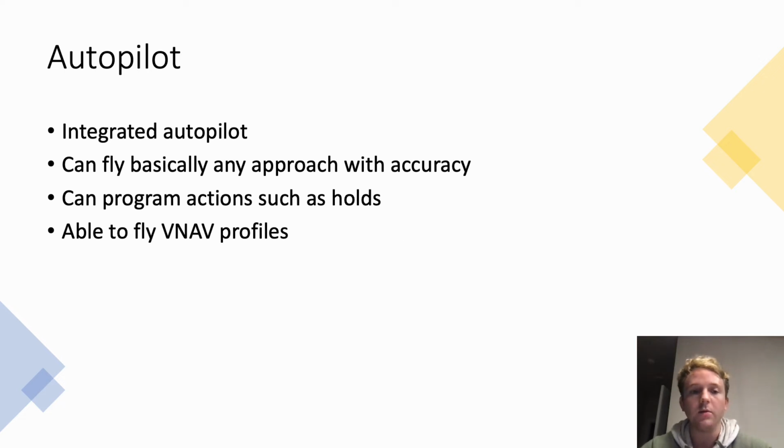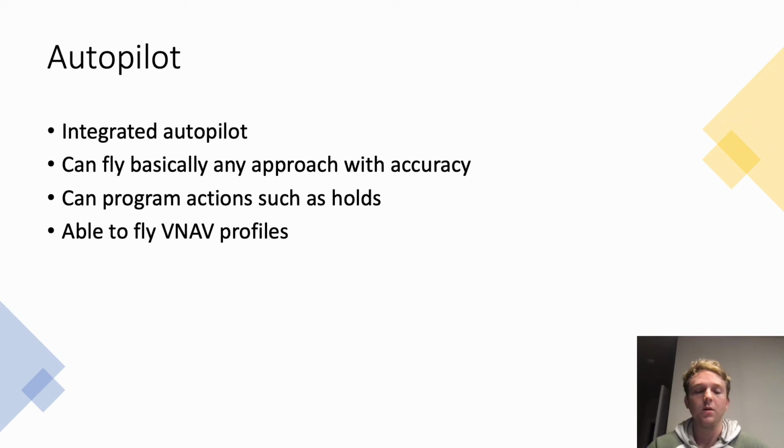It has an integrated autopilot that flies the approaches with great accuracy. You can also program stuff such as holds. Unpublished holds you can put into the G1000, which is great because you can fly more accurately.